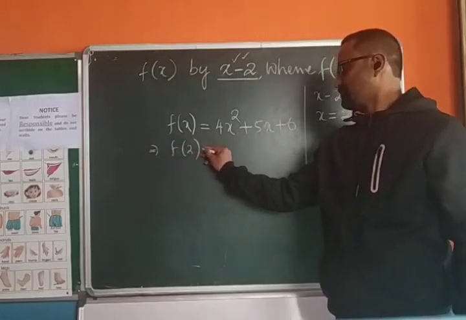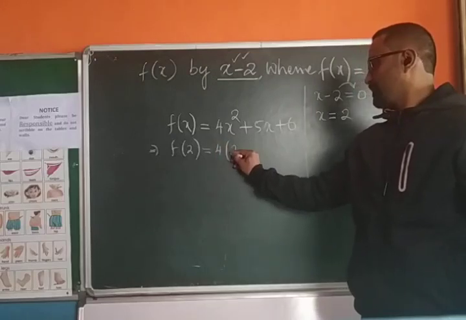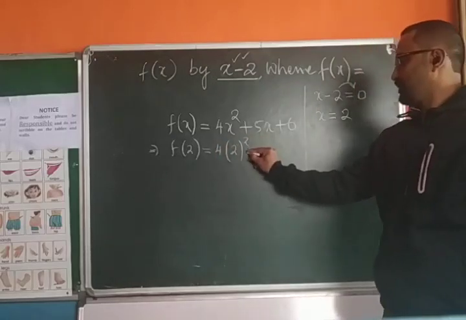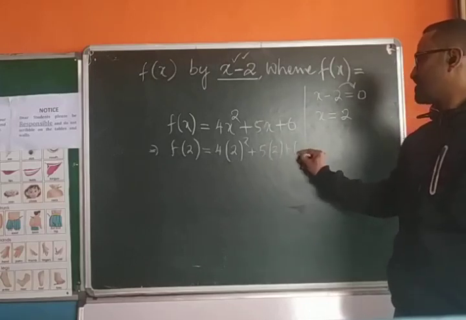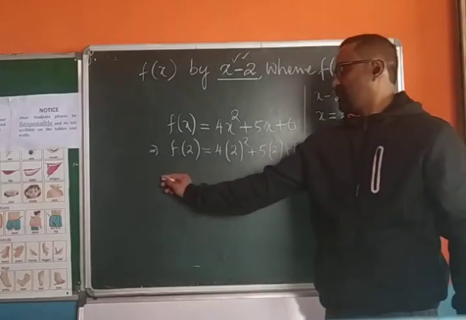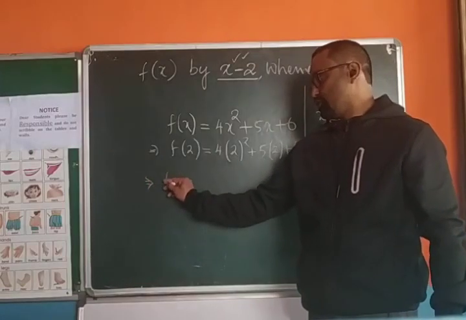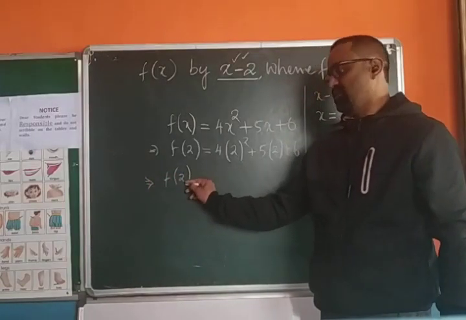f2 equals 4 into 2 squared plus 5 into 2 plus 6, and as I told you, f2 is remainder.